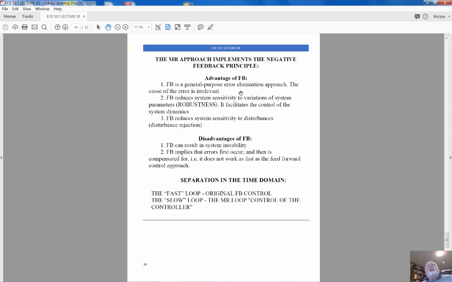The cause of the error is irrelevant. The important thing is that the error is extracted and eliminated. It should be recalled that feedback always reduces system sensitivity to variations of system parameters. It gives the system some robustness.